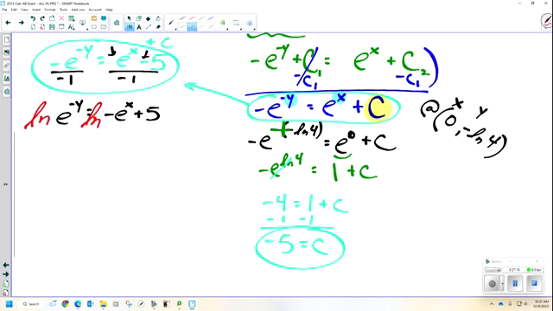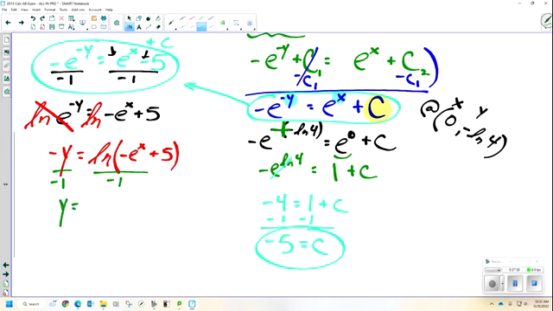This cancels. I have negative y equals the natural log of negative e to the x plus 5. All right, that's nothing too crazy. And now, again, let's just multiply or divide by negative 1. So I've got y equals the negation of natural log of negative e to the x plus 5.